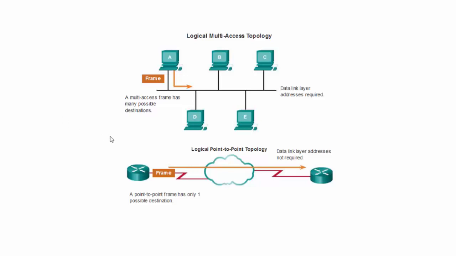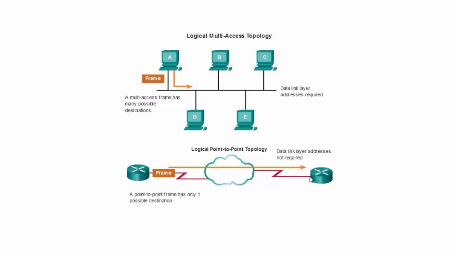The data link layer as well provides addressing. So if we want to send from A here to E, then we have to provide some kind of an address in the frame that identifies that this frame is destined to E, in which case we use a physical address, or MAC address, as we have talked about last time.